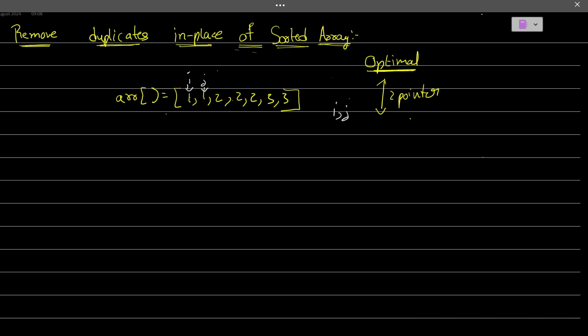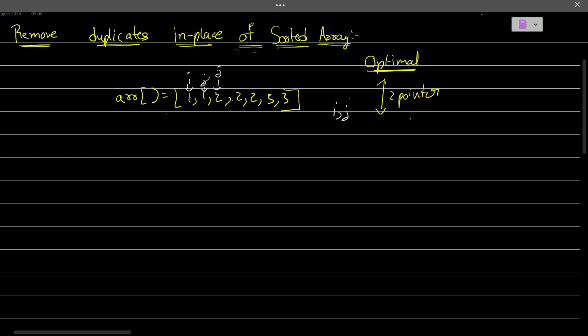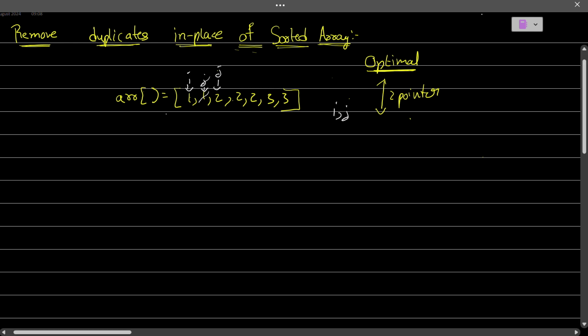No, one is not a different element, it's the same element as the first index. So I'm going to move. Is this different from the first index? Yes, this is different from the first index. Then I'll say, you can take my place, in front of me. Then I'll go to the next element.